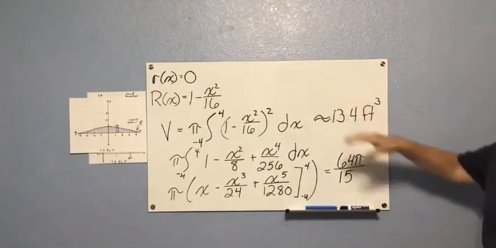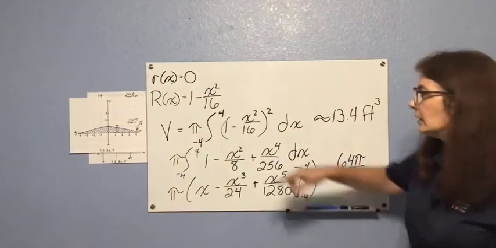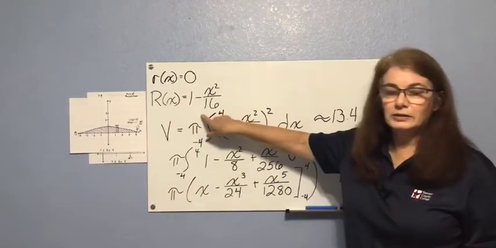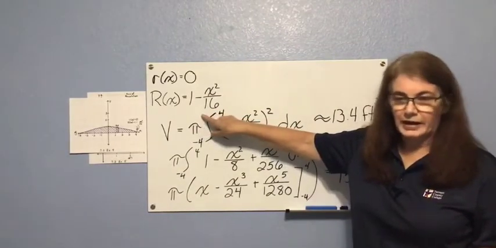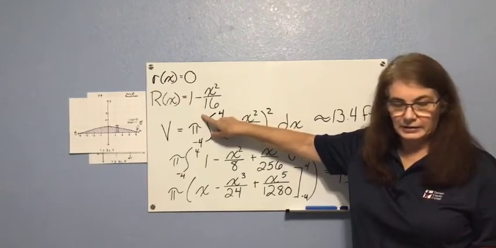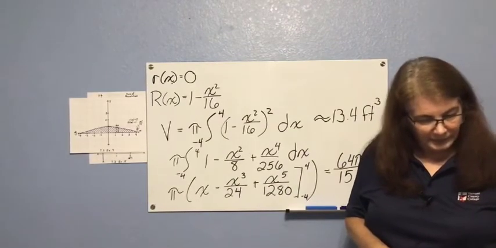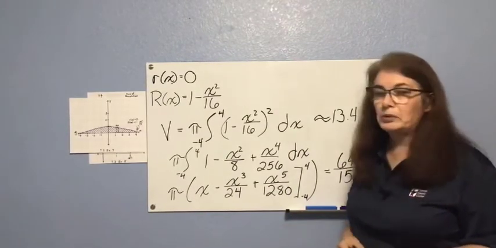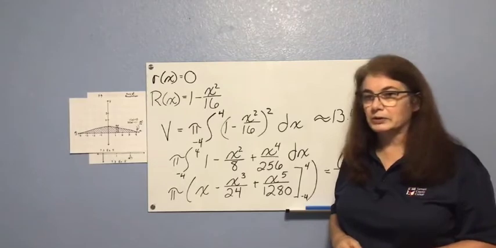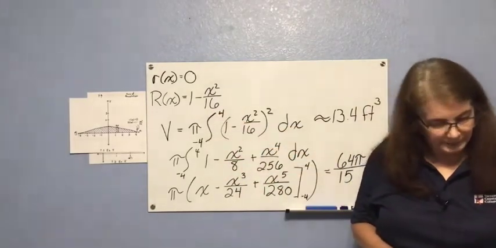If I wanted to do this with the shell method, I would have had to solve this equation for x, which is kind of messy to start with. And then the integral would require a u substitution. So a lot more work to do this with the shell method.